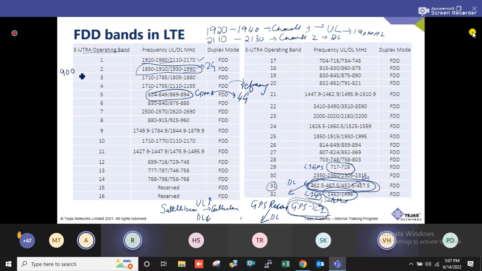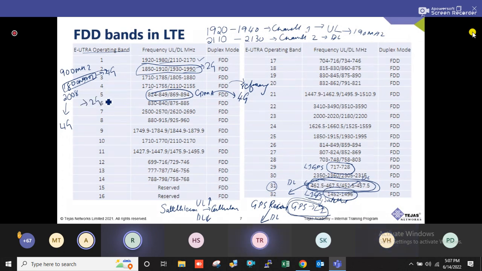When the initial auction took place for 900 megahertz and 1800 megahertz, this was somewhere in the timeline of 2000, I think 1800 took place in the year 2008. Again, when the 4G auction took place, the regulatory body made this license not restricted to 2G. You can use it for 4G also, but the condition is, if you use it for 4G, we cannot use it for 2G.